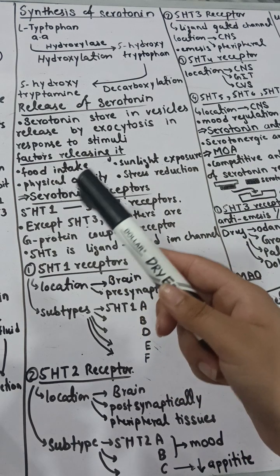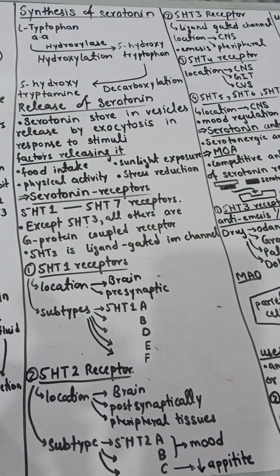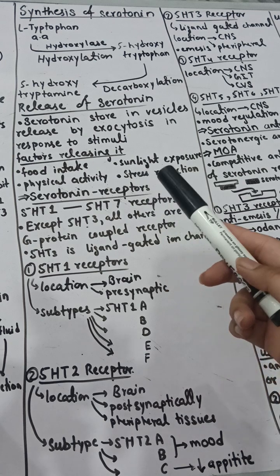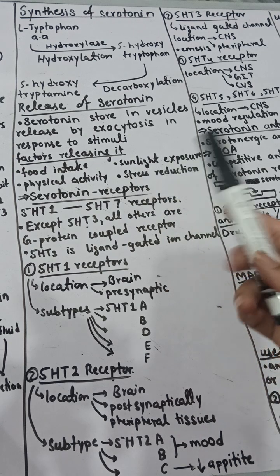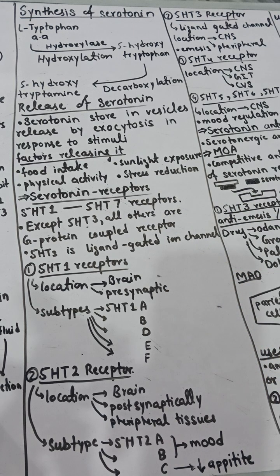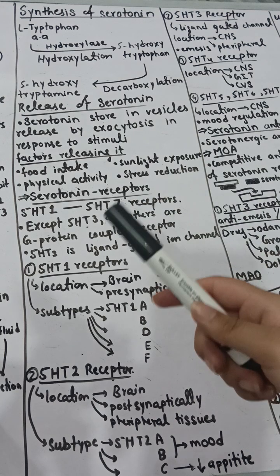First is food intake. Whenever you are going to take food, it is released through your brain and your GIT tract to increase the digestion process, and also released from the platelets. It is also released when you are exposed to bright light or sunlight, so it is also released at that time. Therefore it is very important to get sunlight, but not too much.